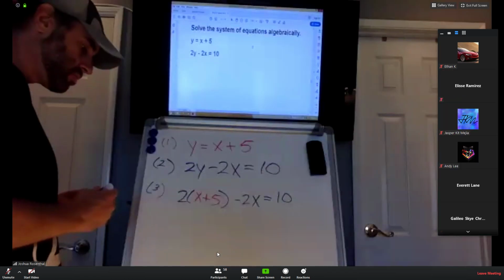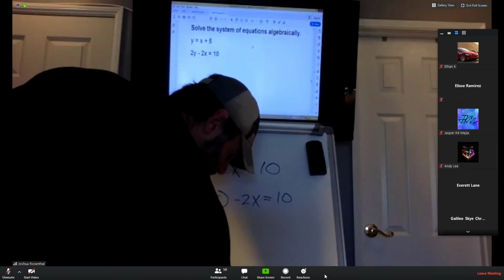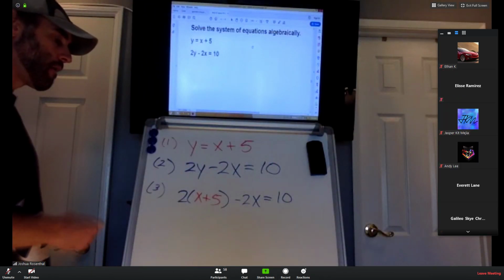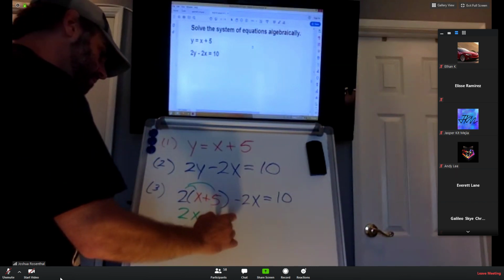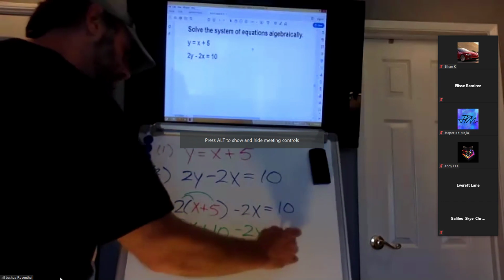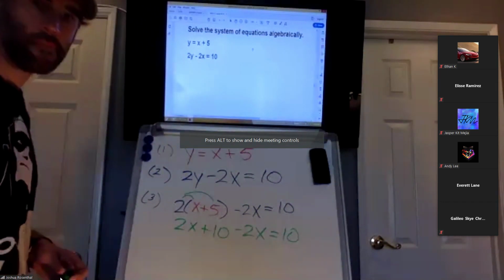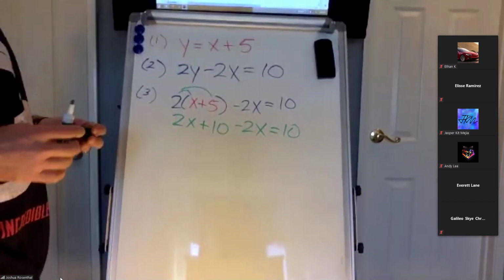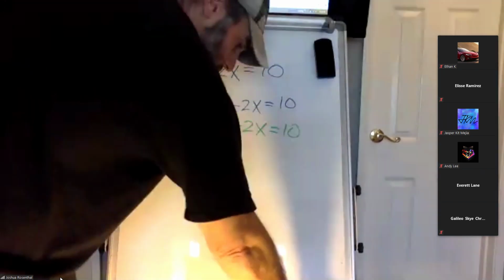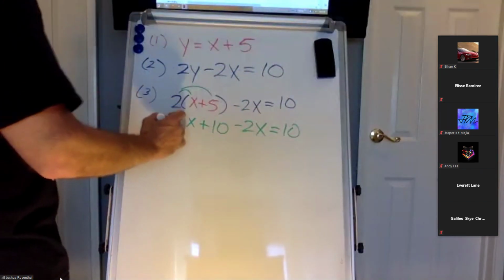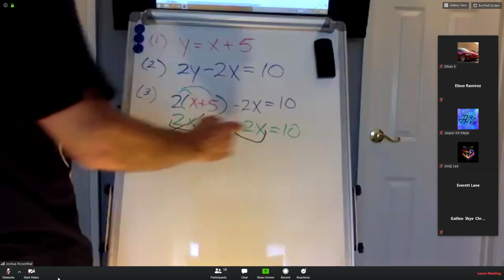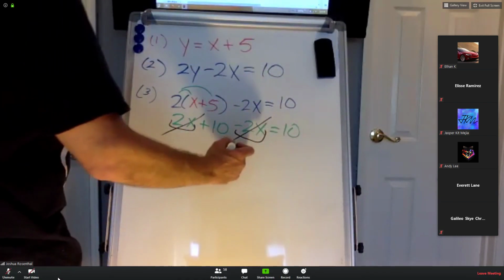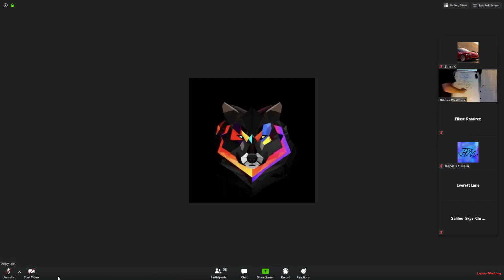And then you're going to distribute. Combine like terms, and you see something happens here. They get eliminated. Infinite solution. And it leaves you a true statement.